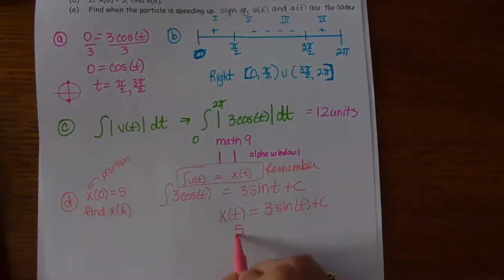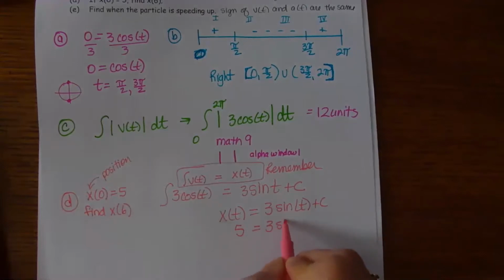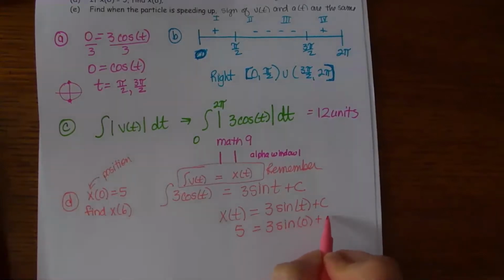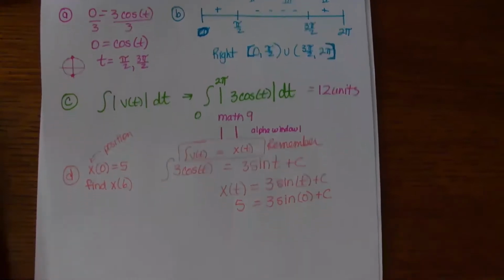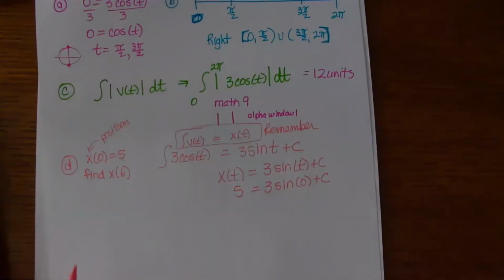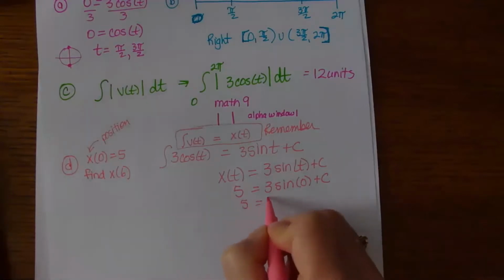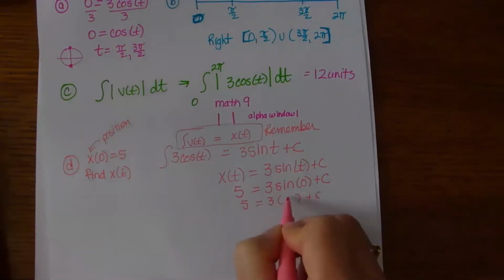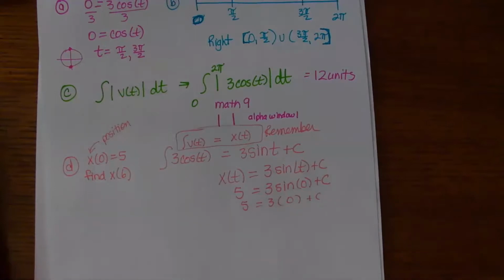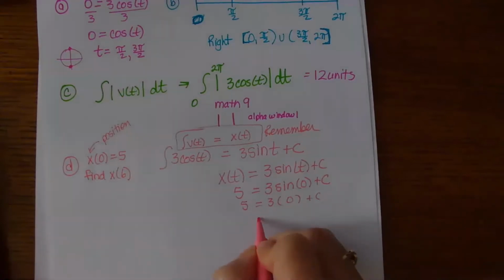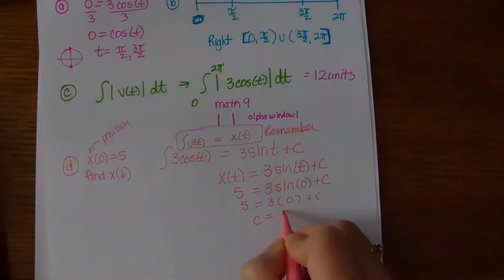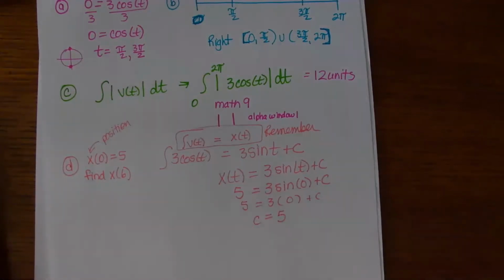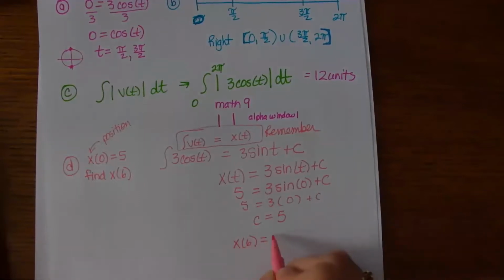They said position is 3 sine 0 plus c. You knew this probably had to be 0 because we know that we don't have a sine of 5 ever. So what is sine of 0? Zero, right? At 0, sine is 0. So what does c equal? Right? C equals 5.